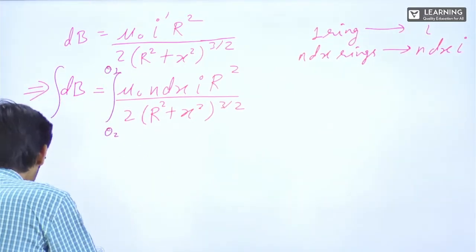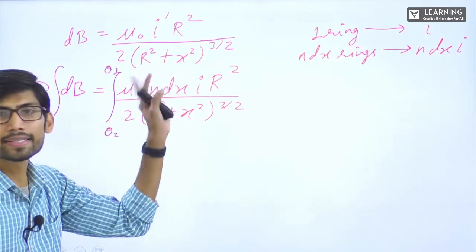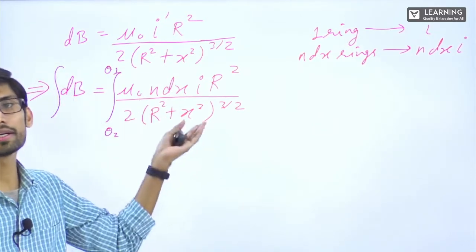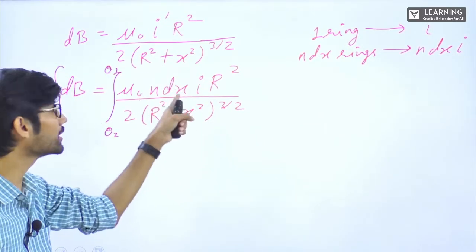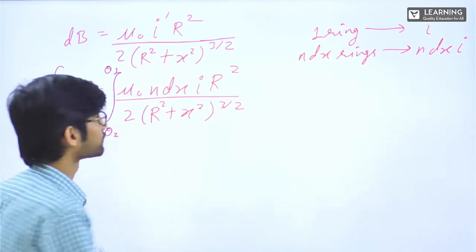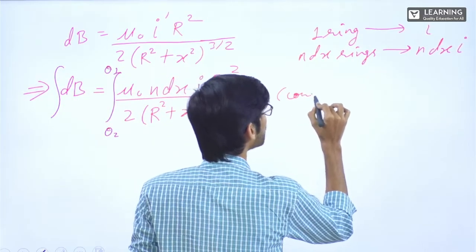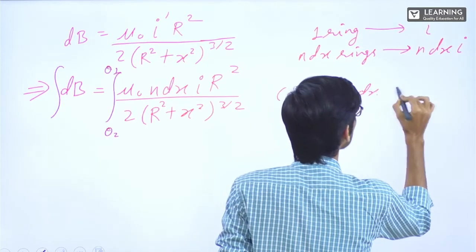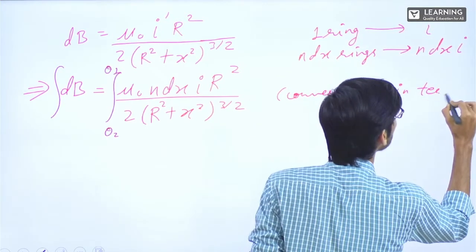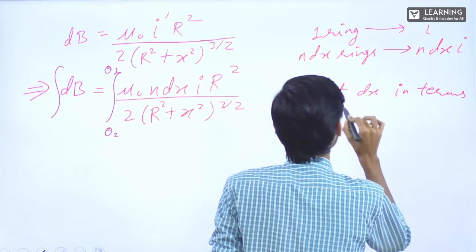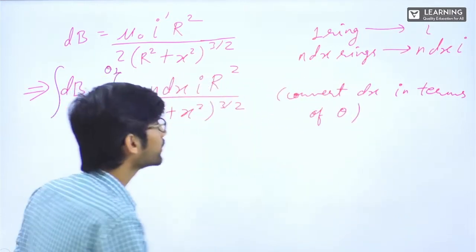Clear? Now inside there is no theta. How can we integrate it with respect to theta? We have to convert dx in terms of theta. Clear? How will we do this?